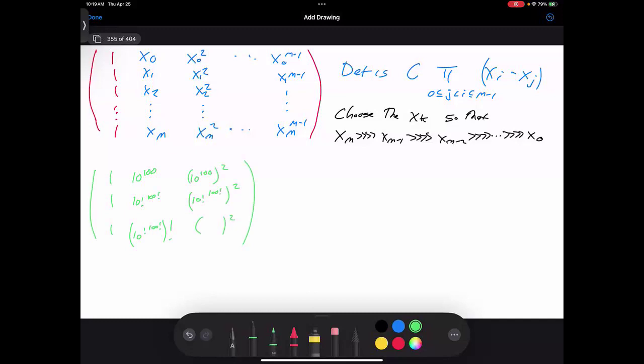So when you look at this, how many terms are there in the determinant? How many terms would we have when we expand out the determinant? So this is a 3 by 3 matrix. How many terms are there when you expand by minors or use cofactors?